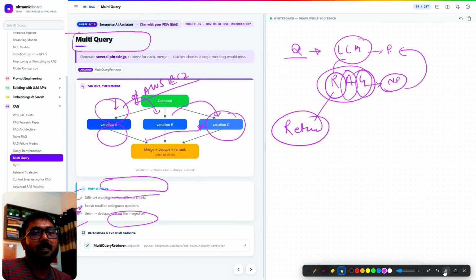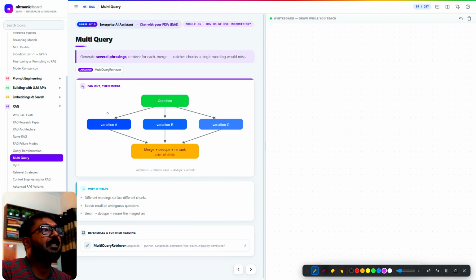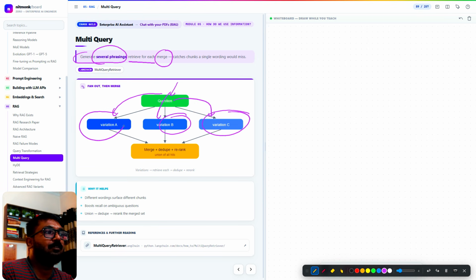There is a multi-query concept that you can understand. In the multi-query concept, what happens? Generate several phrasings, retrieve for each, and merge, right? So one question is there, you try to do variation A, variation B, variation C. For each and every variation, you try to generate the answer, you try to search the RAG, and then merge it, then dedupe, then re-rank, and then give the answer to the user.